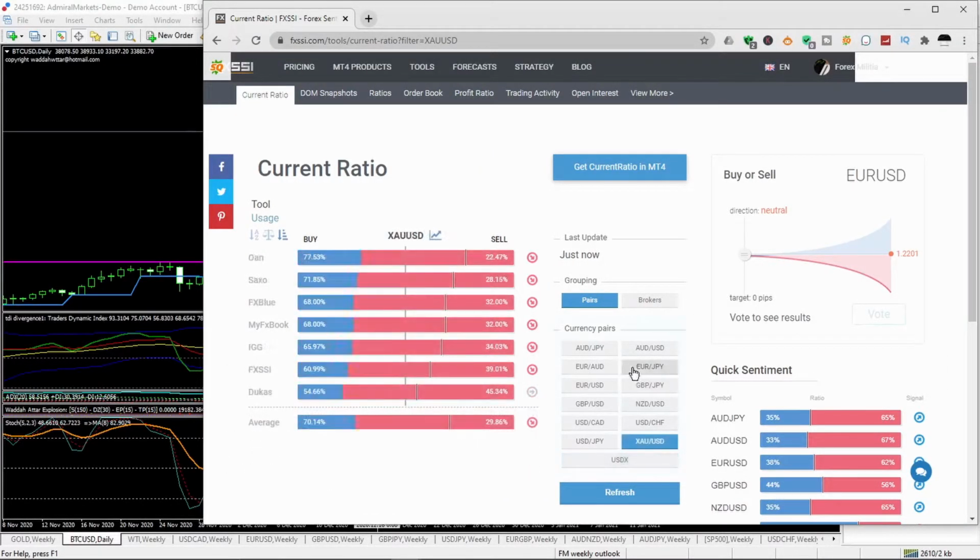There we go. On gold, the sentiment is long. So we know, in sentiment analysis, we should go short, and that is what this arrow is looking like.